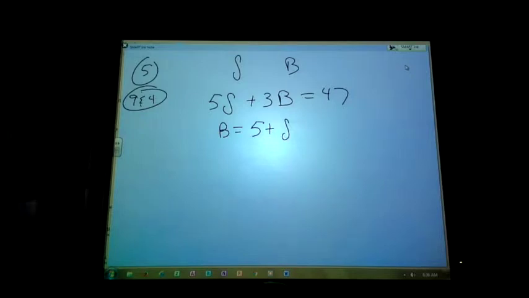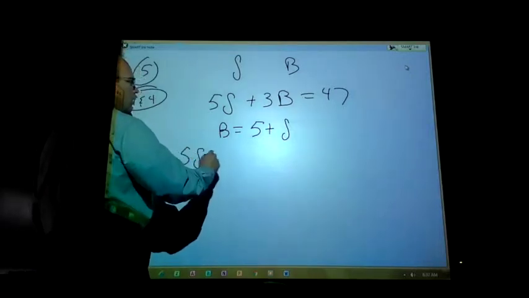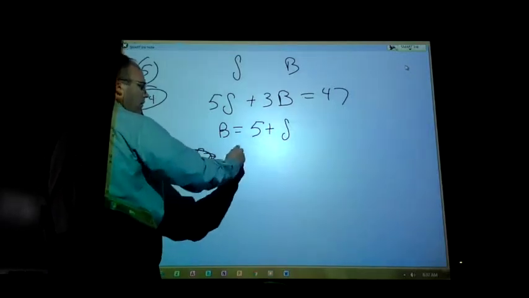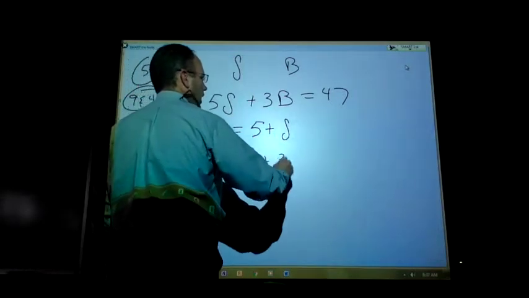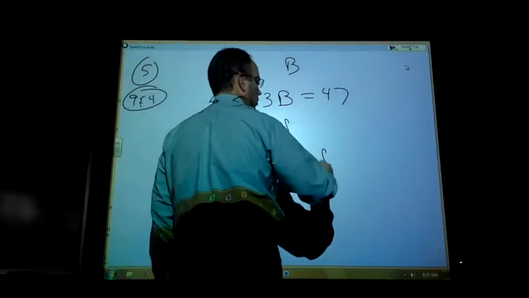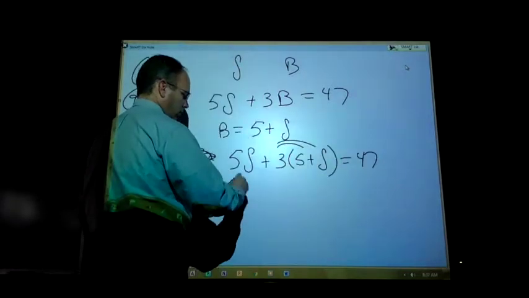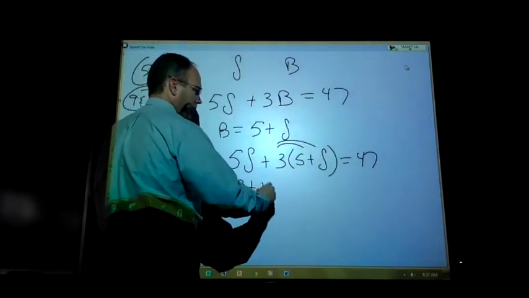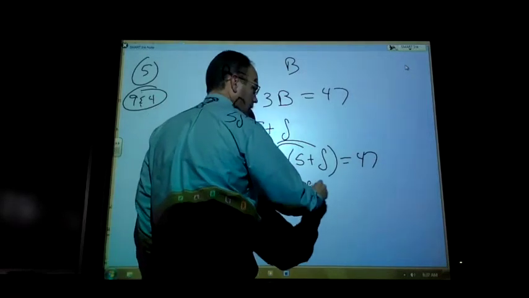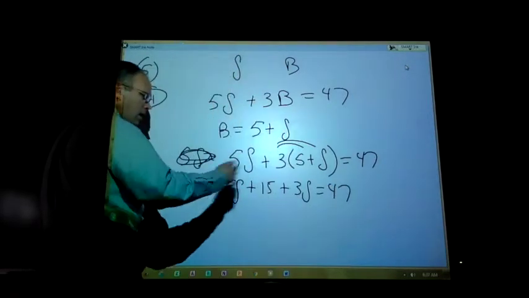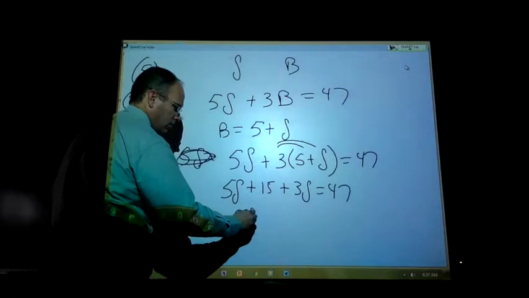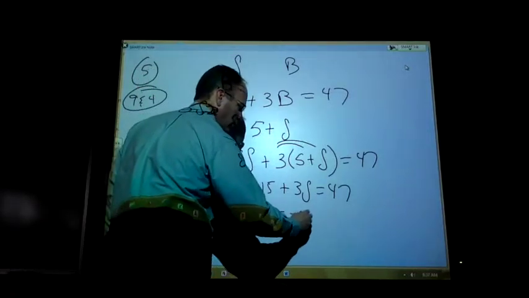So we work through this. 5s plus 3 times 5 plus s is equal to 47. 5s plus 15 plus 3s equals 47. 8s plus 15 equals 47.